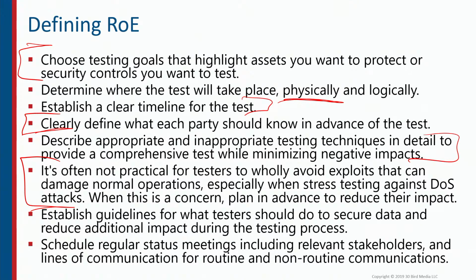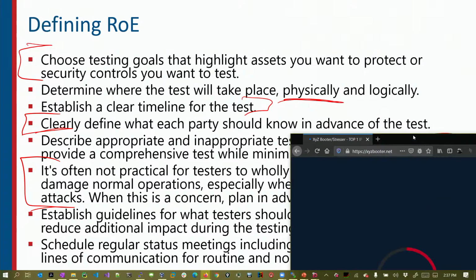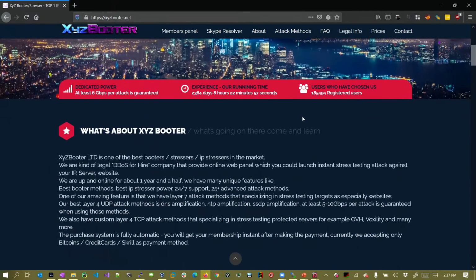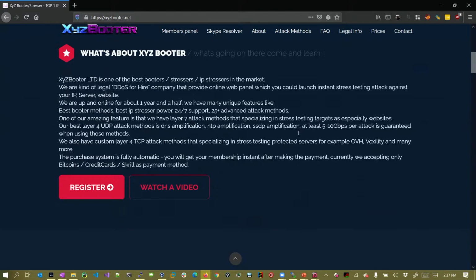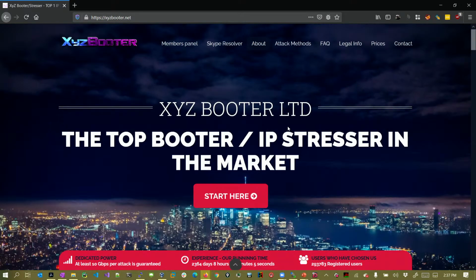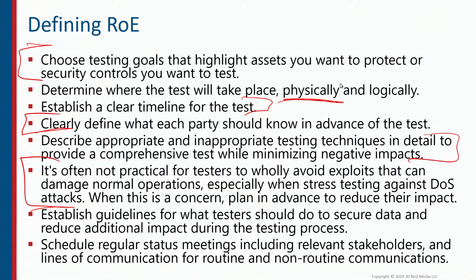They're called booters, I think. These are allegedly legitimate services that you can sign up for, if you have a friend on a Minecraft server you want to knock off. These guys will sell you lots of bandwidth to go through and pound on systems. If you're asking to have your network stress tested, it's going to stress test your network. It's a thing.